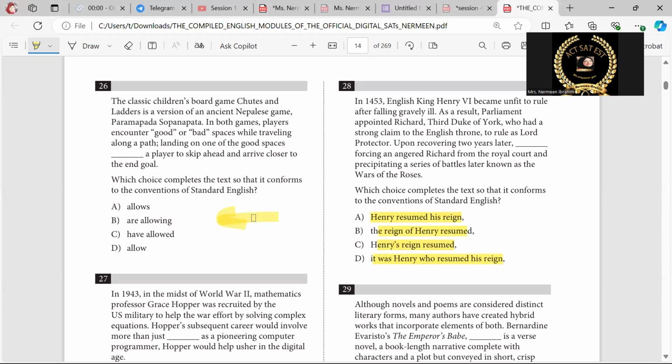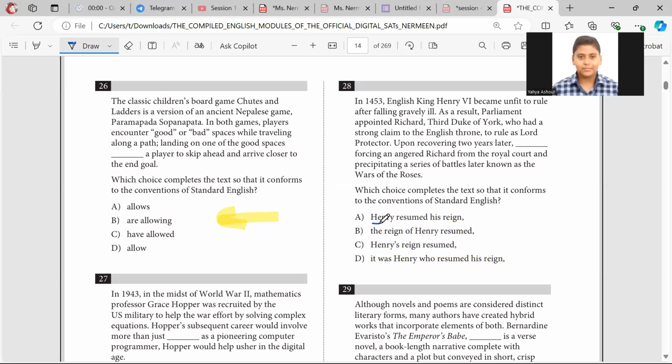Does every answer choice have almost the same elements but in a different order? Let me see. Yahya, can you see that? Yes. Henry comes here at the beginning. Where is Henry in the second choice? That's the third, almost in the middle.